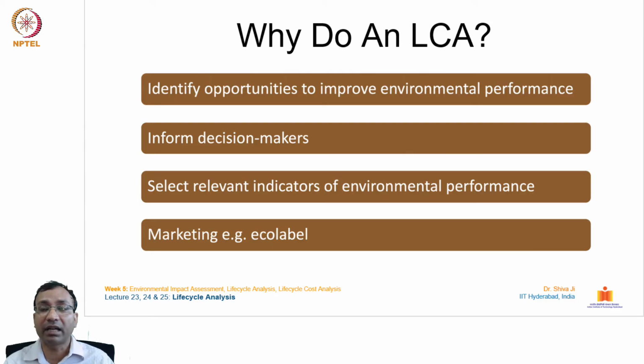For example, an eco label is given. An eco label is a marketing strategy which advertises responsible products which have been properly taken care of through EIA and LCA sorts of analysis, and are the result of such studies, and they are labeled as eco label products.